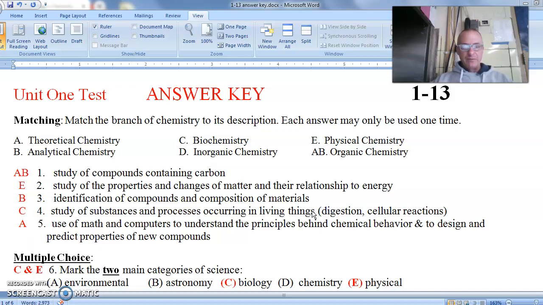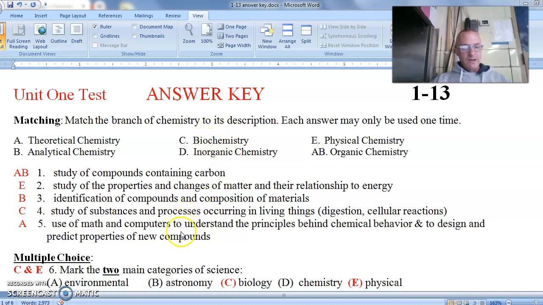There could be other substances involved, but very often it is studying carbon compounds. But here they're looking at the reactions that happen in living things, and that would be biochemistry. Bio for living, chemistry, the chemistry of living things.